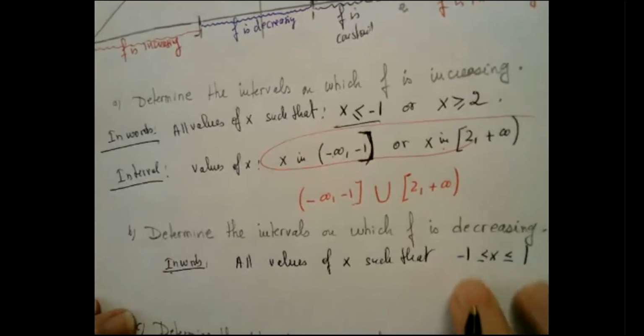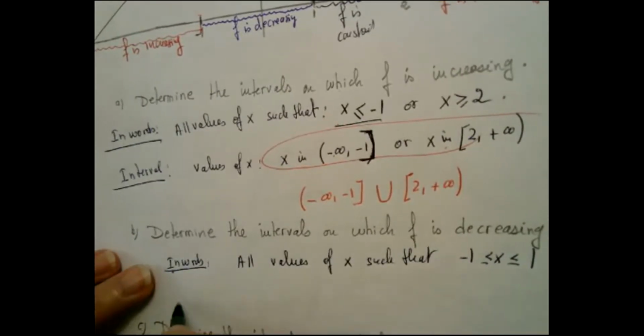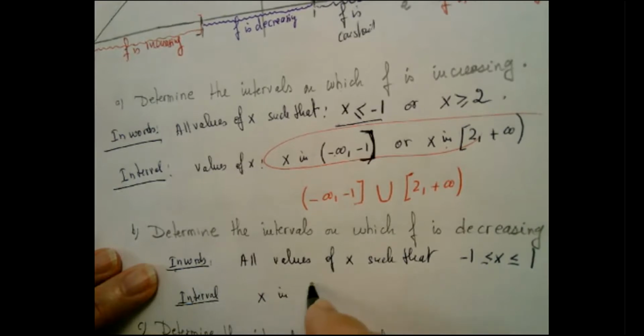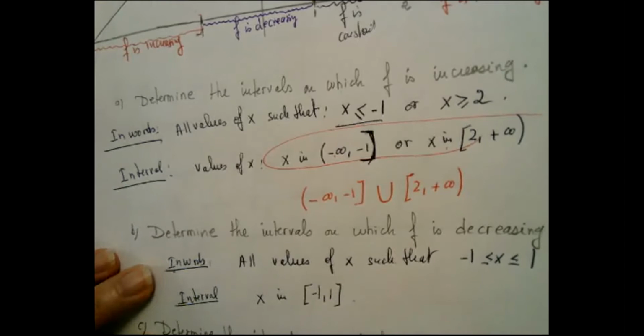Make sure, this one is the one that all of the time students have difficulties with. Or interval notation, this one is very easy. You can say x in the interval -1 and 1, closed.